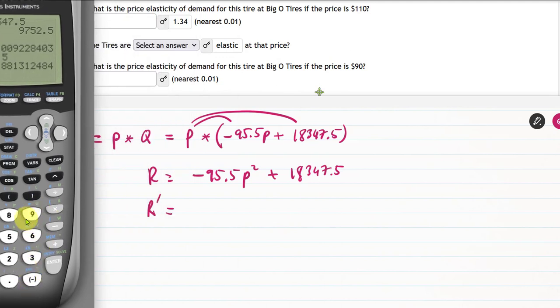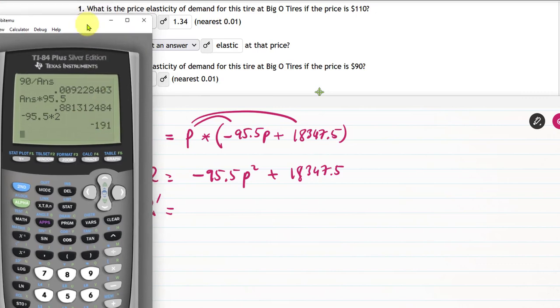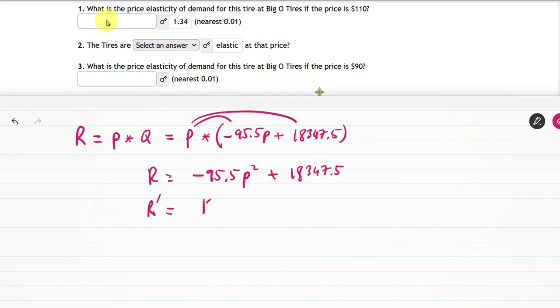Minus 95.5 multiply with 2. It should be minus 191, right? And then subtract 1 from P. We got the P to the first power, and this one a constant, it becomes 0, right?